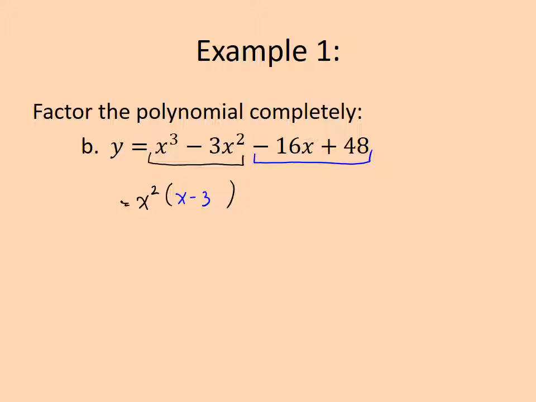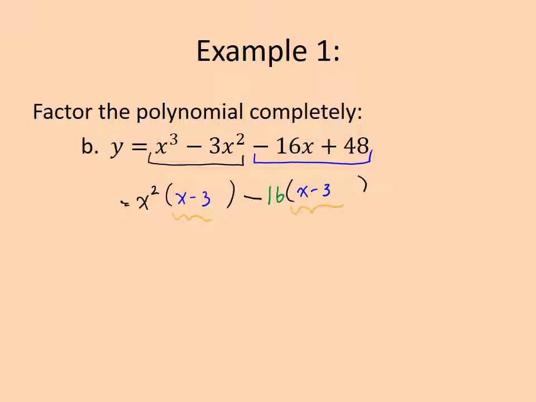Now, if you recall from before, we need to keep the sign in common. So we need to keep that negative sign. So what we're going to factor out in this problem is a negative 16. So we're going to factor out a negative 16, and what's left inside is x minus 3. Now we notice again that x minus 3 is a common factor in both terms.